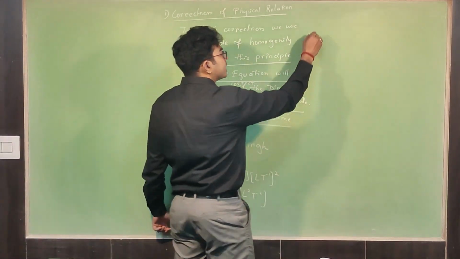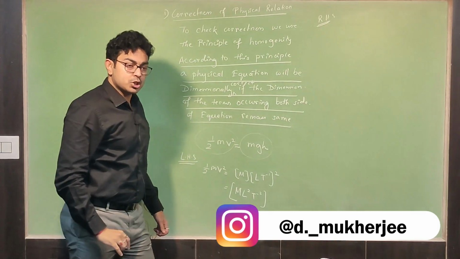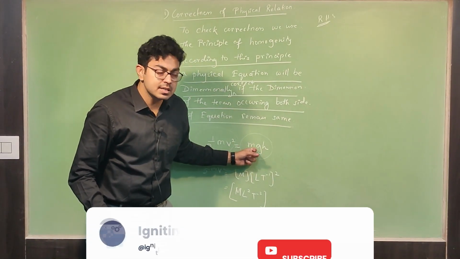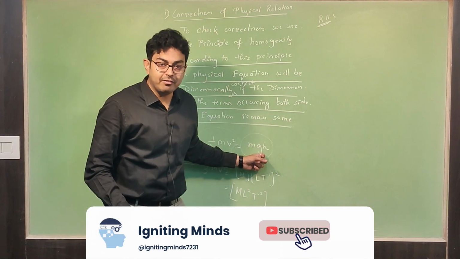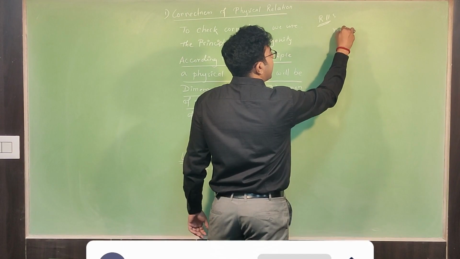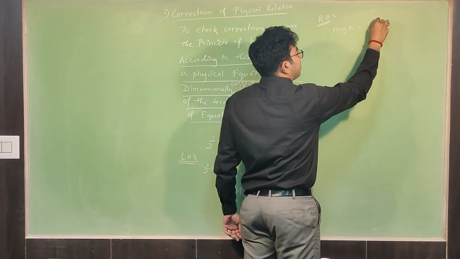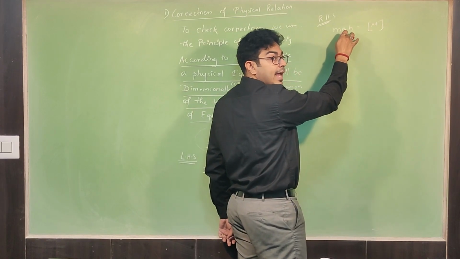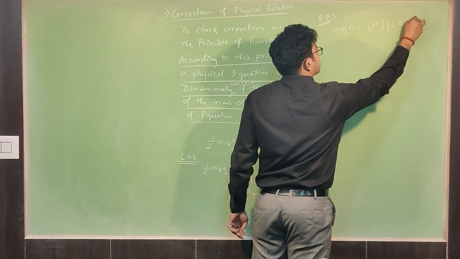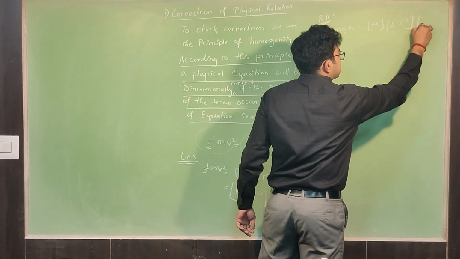Now what is the dimension of the right hand side? We have m, g, h. M stands for mass, g is acceleration due to gravity, and h is height. The dimension of m is capital M. g is acceleration due to gravity, that means L T to the power minus 2. And h is height, that means length.